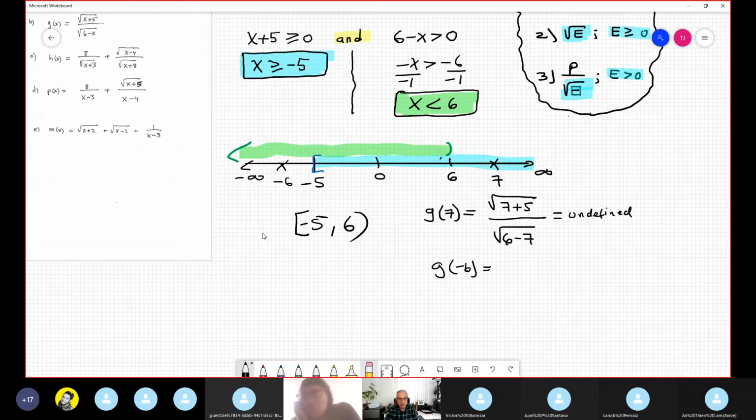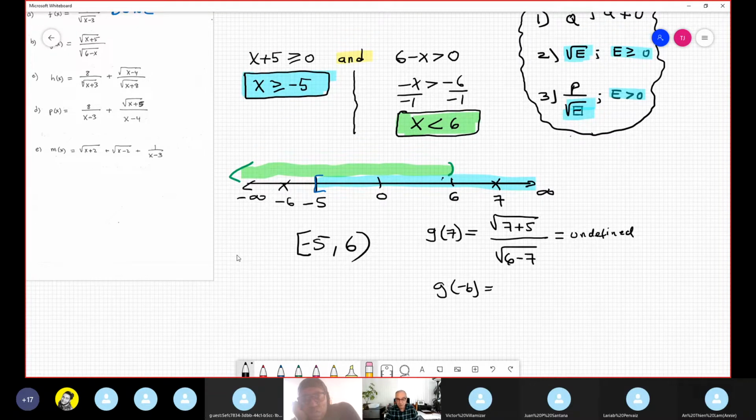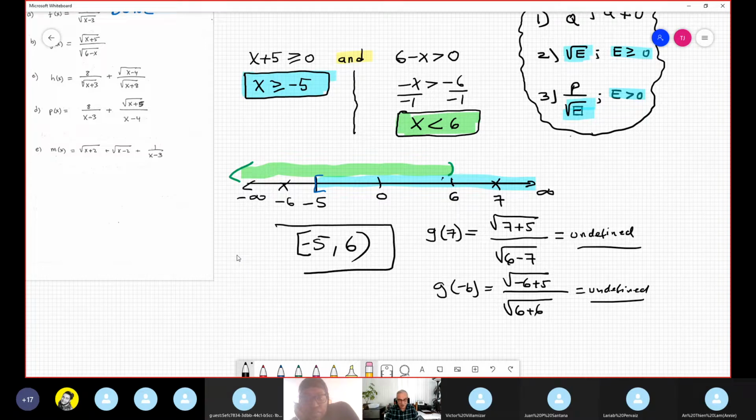It's the square root of negative 6 plus 5, divided by the square root of 6 minus negative 6, which is positive 6. Okay, so in the radical at the bottom, we have no problem. The problem is in the radical at the top. It's negative 1, again undefined. The same situation, undefined. Do you understand very well now? I could double-check it, but I don't need to. The answer is this. It's perfect.